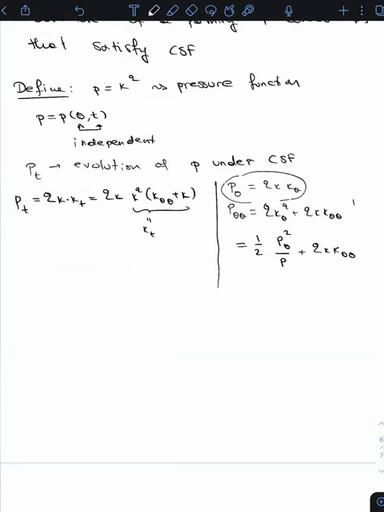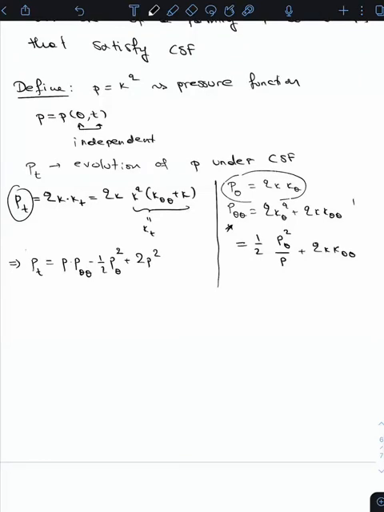Okay, so plugging this equation of P_theta_theta back into P_t, we obtain that the evolution of P is equal to P times P_theta_theta minus 1/2 P_theta squared plus 2 P squared. And I'm gonna name this evolution equation star.